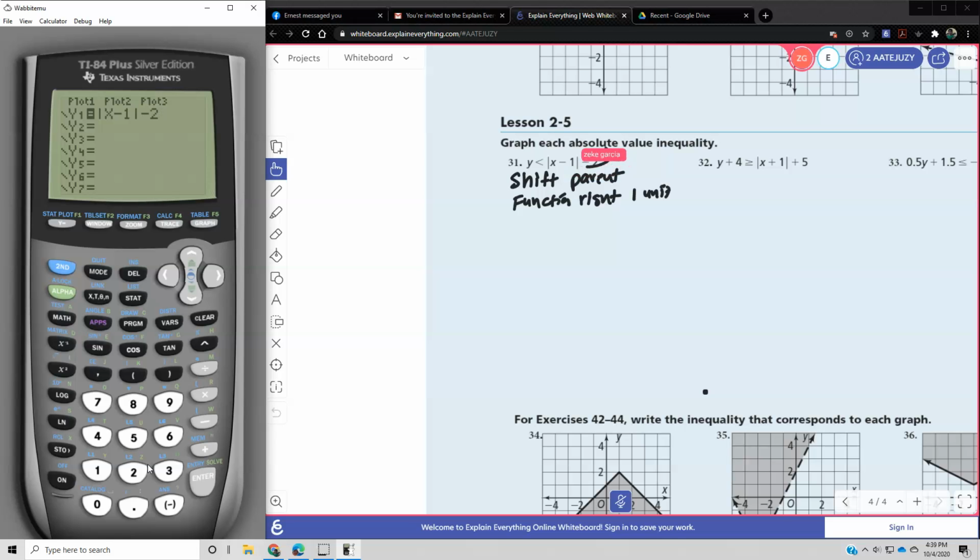The minus 2 is going to shift the parent function down 2 units. So that minus 1 is going to shift the parent function to the right, and the minus 2 is going to shift the parent function 2 units down.